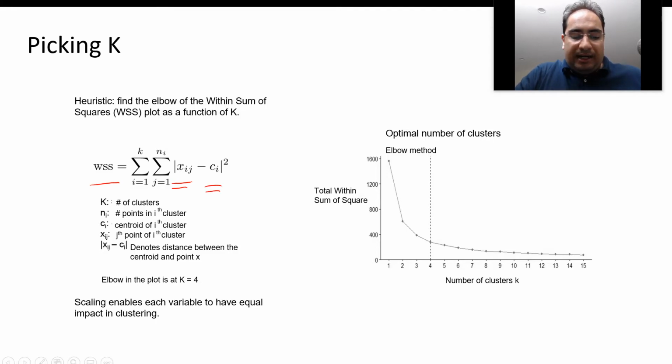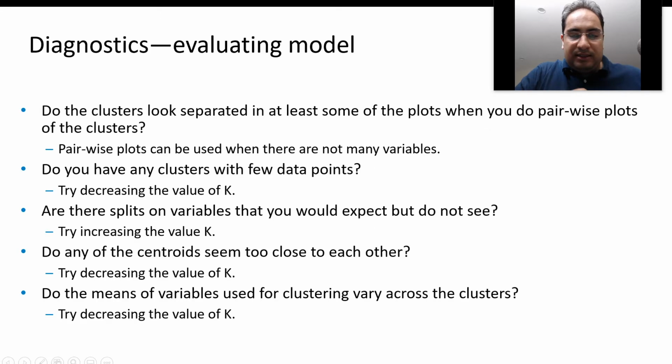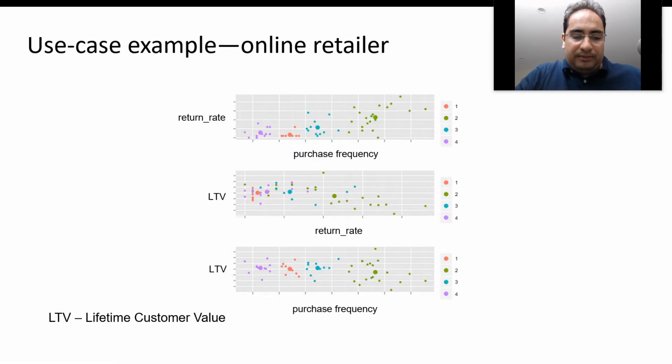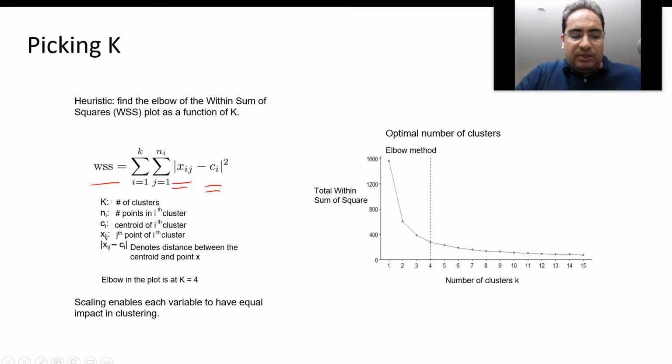So Ci is the centroid of the ith cluster, and you just want to know how spread your samples are around that cluster.